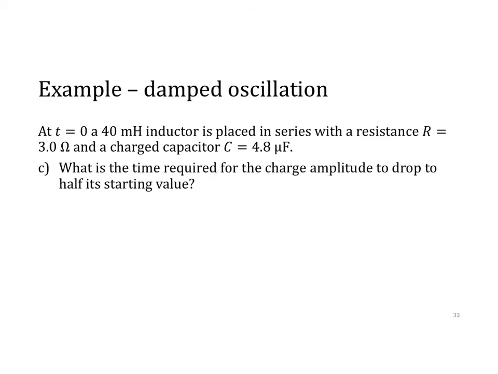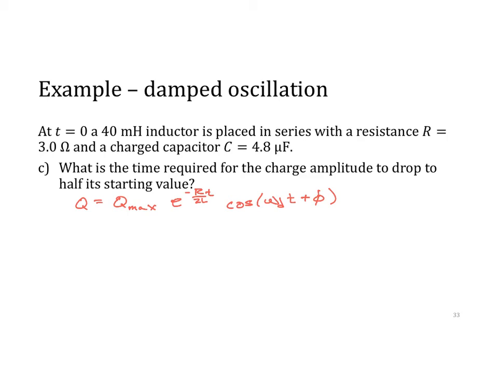So part C, we want to find what is the time required for the charge amplitude to drop to half its starting value. So if you remember, our charge equation looked something like Q equals our maximum Q times e to the negative R over 2L times t, and then we've got a cosine function here, and maybe even a phase function, although I didn't give that to you in the last one.